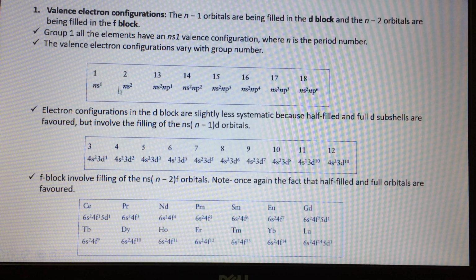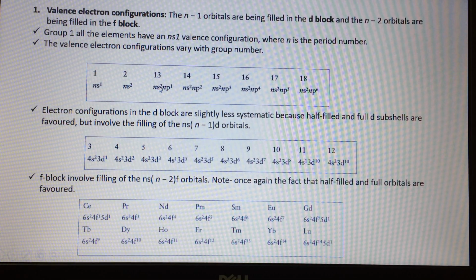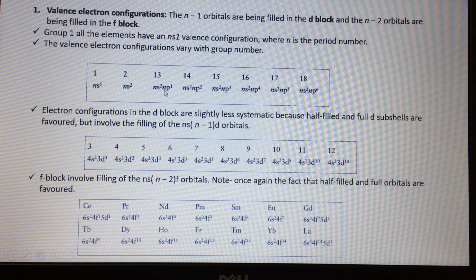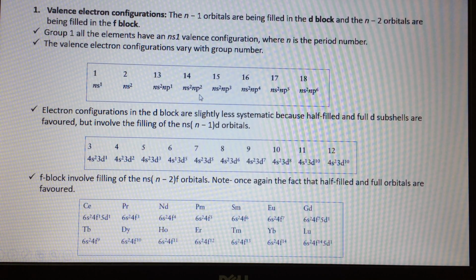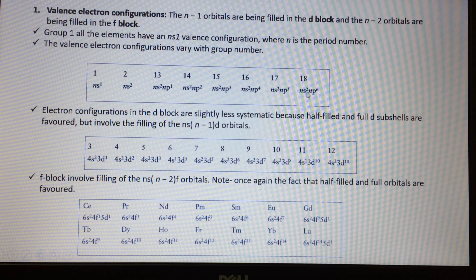For the alkaline earth metals, ns2, valence electrons 2. For the boron group 13, valence electrons are 3, and group 14 has 4, group 15 has 5 valence electrons, like that.